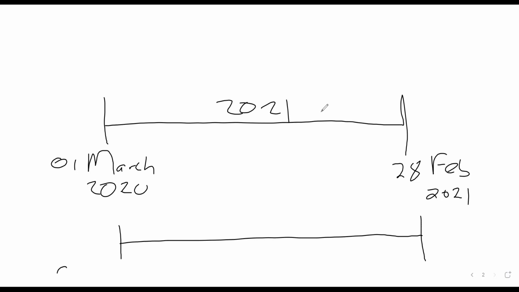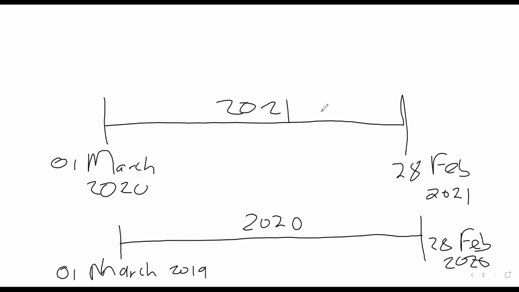So for the 2020 year of assessment, it would be 1st of March 2019 and it will end on the 28th of February 2020. That's how it would look for an individual.